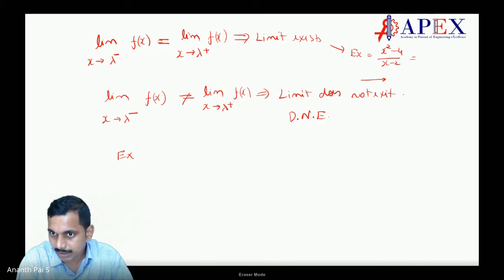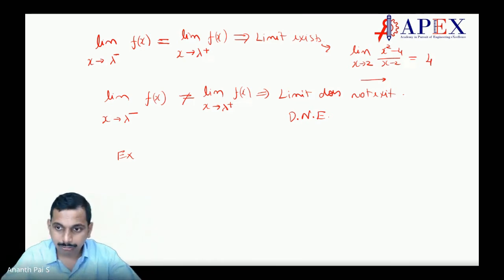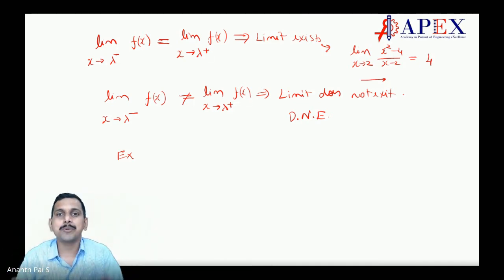So the limit, I'll write it here like this, students, extending to 2, is equal to 4. Correct, students? Why? Because when you approach from the left hand side and when you approach from the right hand side, you approach the same value.